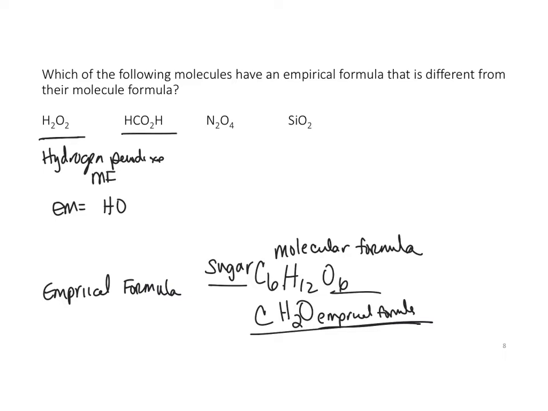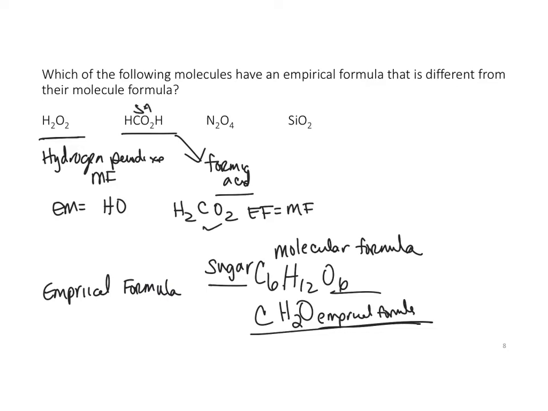This one here is formic acid. That's okay, you don't know that right now. Formic acid is what causes that stinging when biting ants bite you. But you see that's really H2CO2. Because carbon is 1, that is your lowest terms. So here the empirical formula equals the molecular formula.